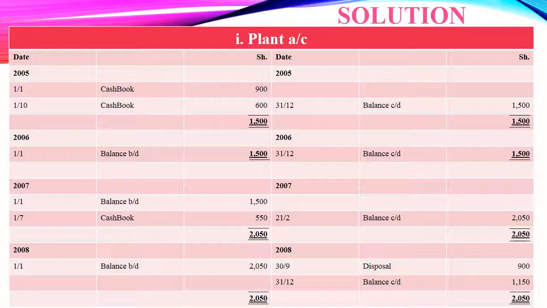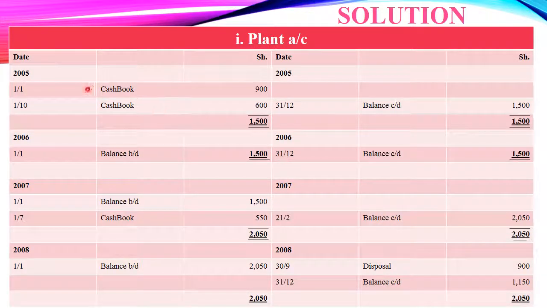Cash and bank are found in the cash book, and therefore generally the cash book is the item that is credited when you are debiting the plant account or the asset account.